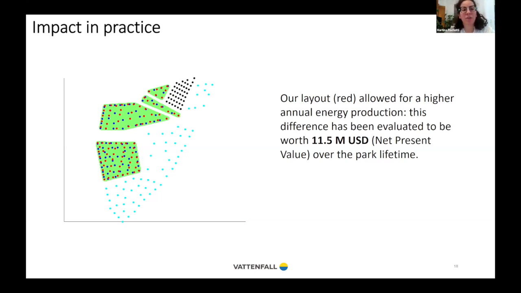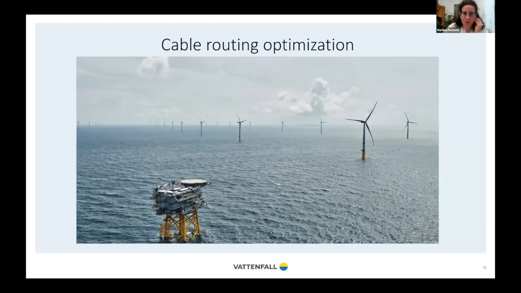This shows that innovation in the business is really pushing the business forward. And this is also very important from a sustainability perspective, because it's making wind energy more competitive compared to other sources of energy. So this leads us to the second part of the talk, regarding cable routing optimization, which is the challenge of connecting turbines with cables.